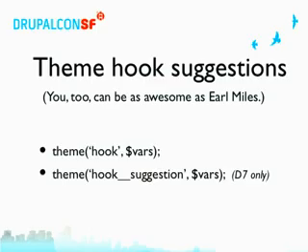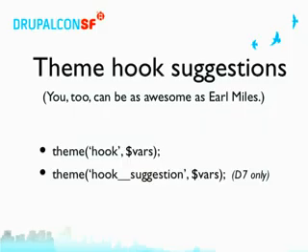Because if you just override theme_links in your theme, you override it for all occurrences of theme_links everywhere in every module. So just trying to do it for the read more link is impossible without this theme hook suggestion. So when you reuse a theme hook, make sure that you give a theme hook suggestion.